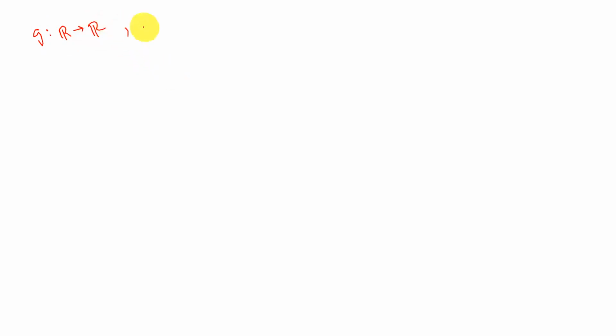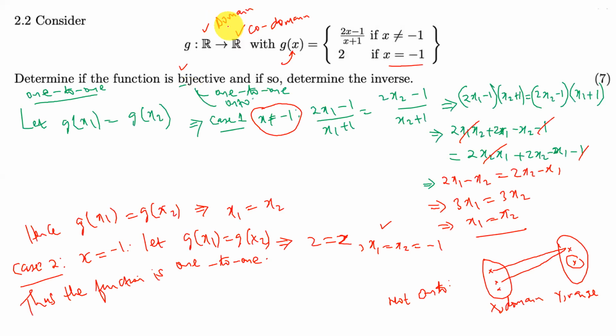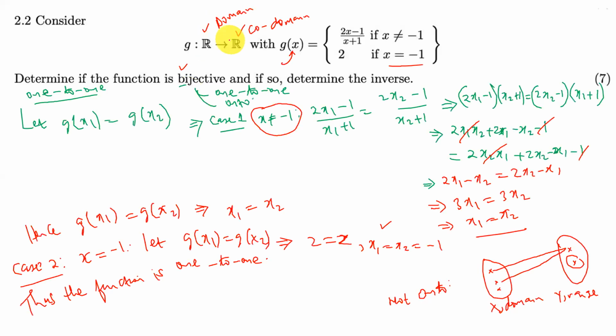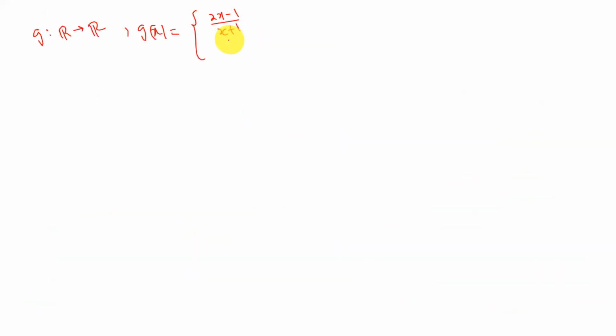And we have g(x) equal to (2x minus 1) over (x plus 1) if x is not equal to minus 1, and 2 if x is minus 1.